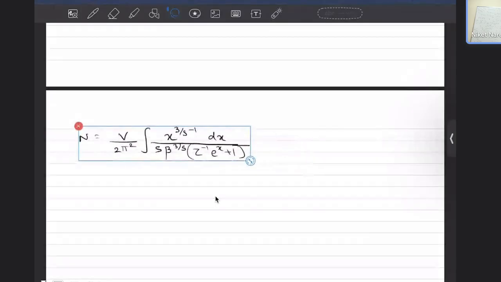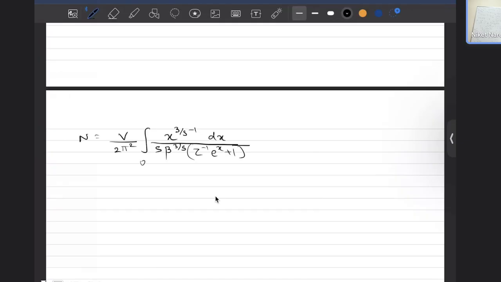Okay, so this problem requires some conceptual thinking. Why, I'll tell you. So here what we are doing is performing this integration simply from 0 to infinity, right? The thing is that when you're doing an integration going from 0 to infinity, the limit of x will always be 0 plus, right?